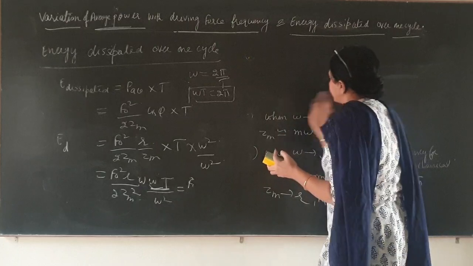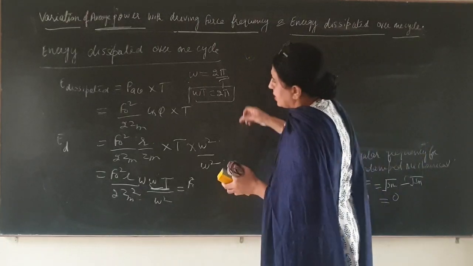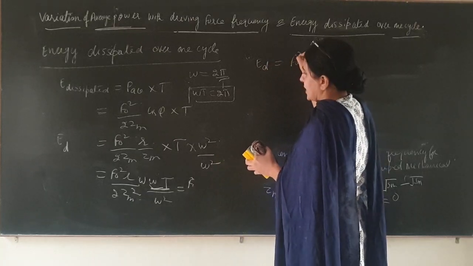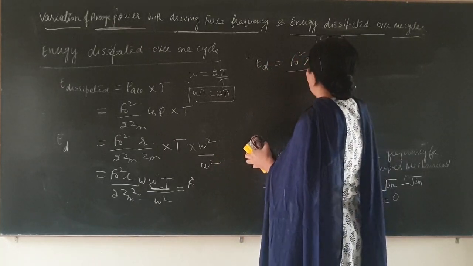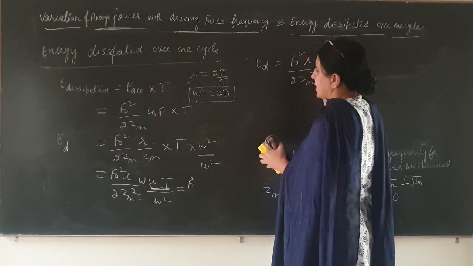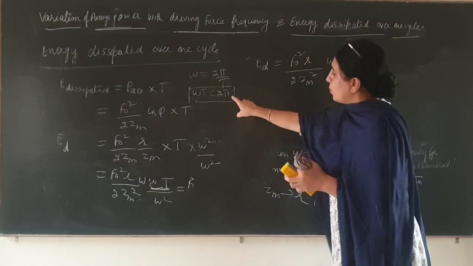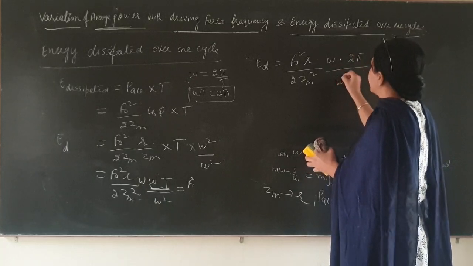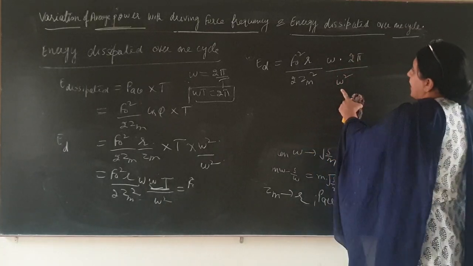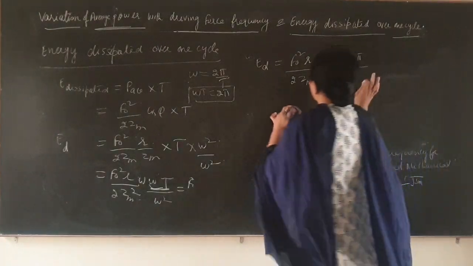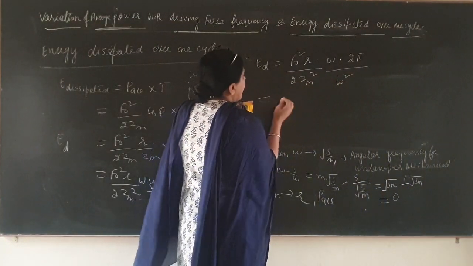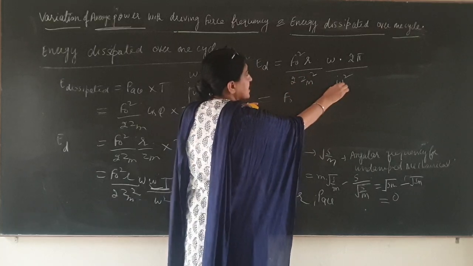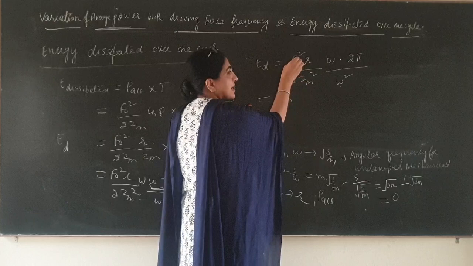So the energy dissipated is equal to F0 square R over 2 Zm square into omega into 2 pi, over omega square. Clear? Now put the value of omega square. I write F0 over omega Zm, whole squared.